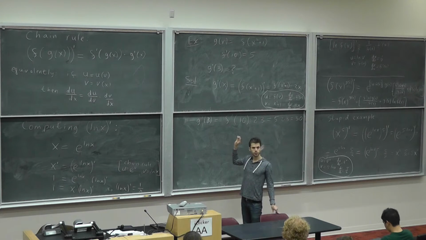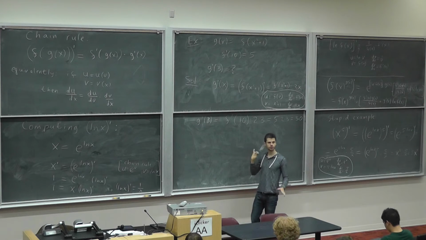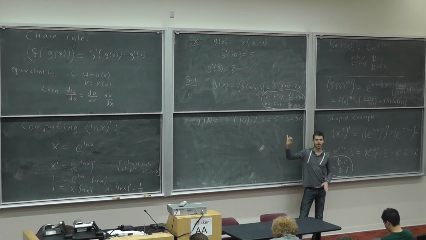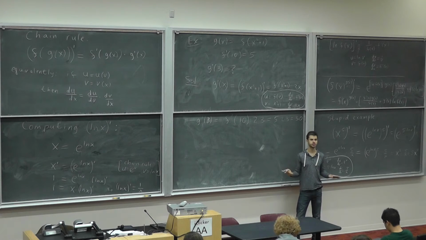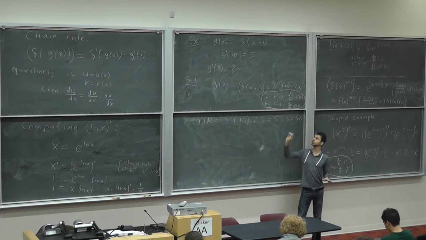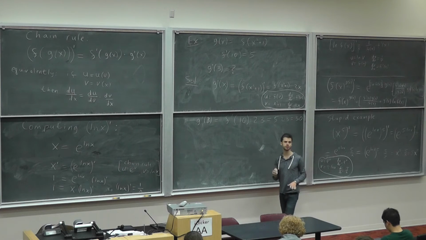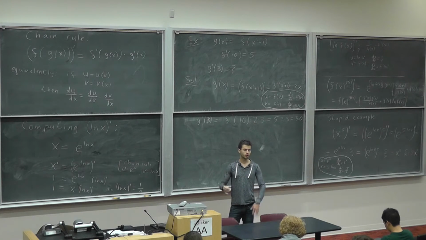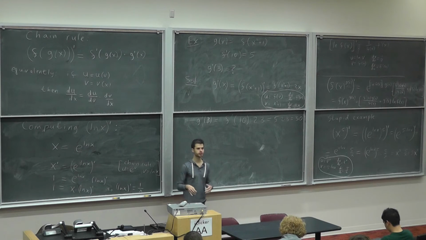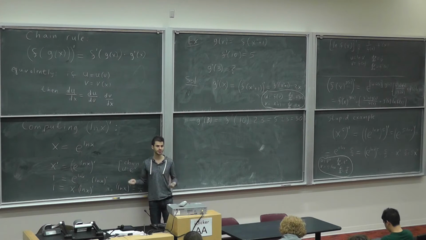So what's kind of surprising about this is you have no idea what the function f is. Just no idea whatsoever. The only thing you know is that the derivative of the function f at the point 10 is 5. But there are, of course, a lot of functions whose derivative at the point 10 is 5.